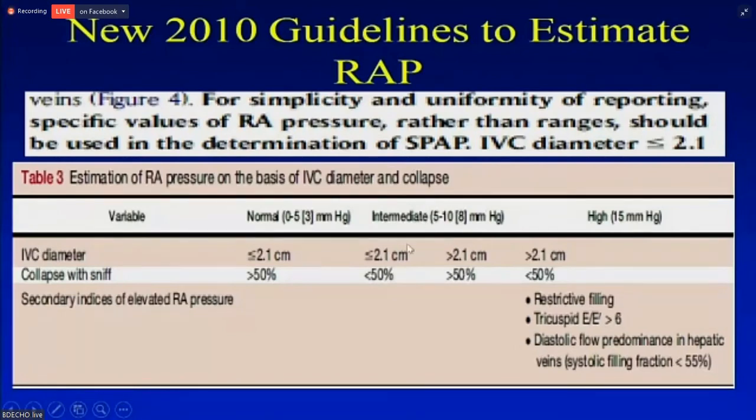For intermediate ones, if the diameter is less than 2.1 and the collapsibility is less than 50, or the diameter is more than 2.1 and collapsibility is more than 50, these are the intermediate varieties, and you add 5 to 10, or average 8. And high if the IVC diameter is more than 2.1 and collapsibility is less than 50. So it is high, and you add an RA pressure of 15 millimeters.